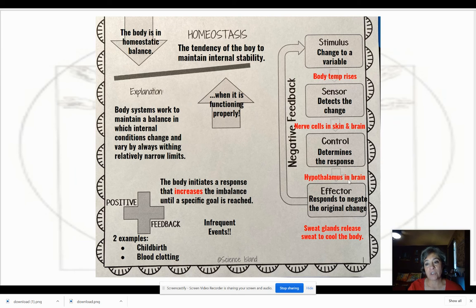So in all the situations of our body, we have this negative feedback or positive feedback, but mostly negative, that help us maintain the balance. All of this stuff goes on to keep you within that narrow limit of whatever it is that you're looking at, in this case, body temperature.